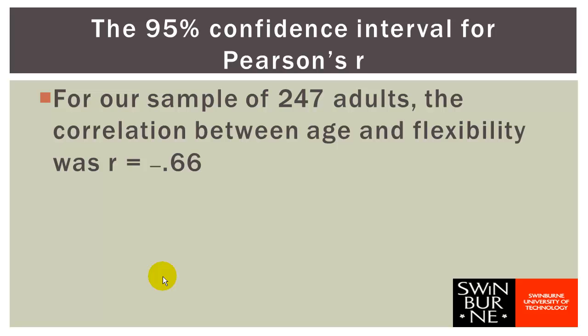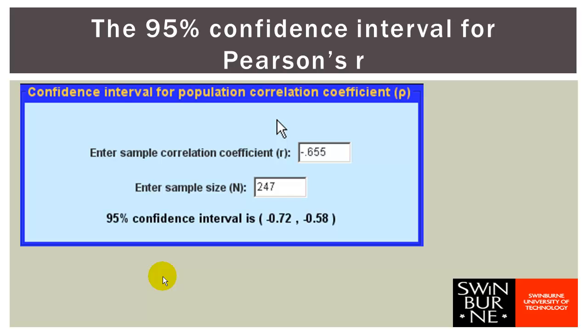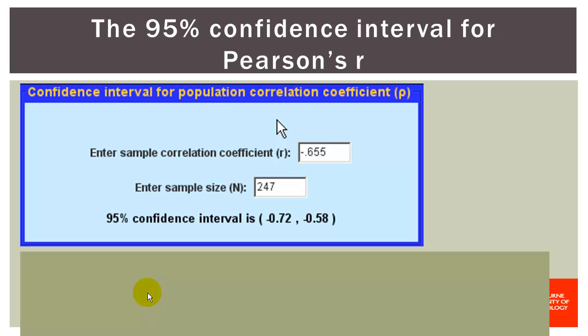But with a 95% confidence interval, we can go a little bit further. Looking at the confidence interval calculator that you'll find on the website, the 95% confidence interval is between minus 0.72 and minus 0.58. So that tells us we're 95% confident that the correlation in the population is somewhere between minus 0.72 and minus 0.58.